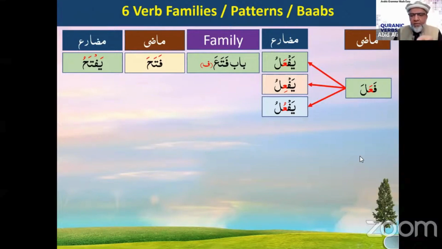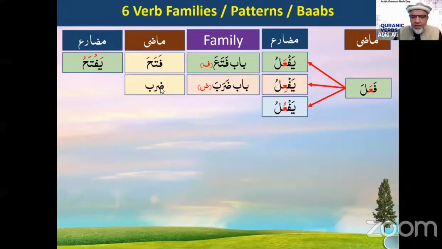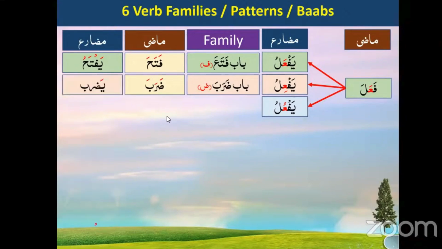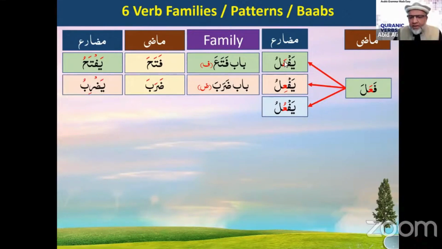So the second matching is, if they match Fa'ala Yaf'ilu, they call it Bab Daraba, and it will be Daraba Yadribu. So what happened from here to here? We are interested in the Ain Kalima.